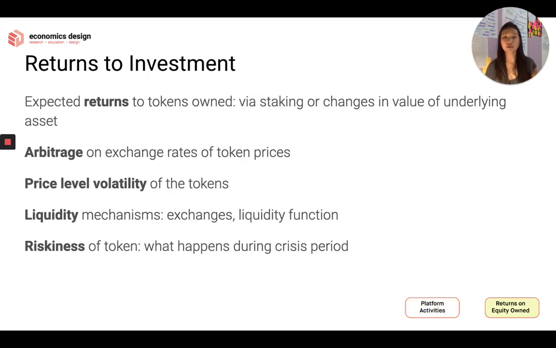When we talk about equities owned, we talk about returns to investment. The expected returns to the equity owned can come from staking. When you stake your token or lock your tokens up, then maybe you can gain some transaction fees, and that's expected returns in a future period. Or it could be a change in the underlying asset.